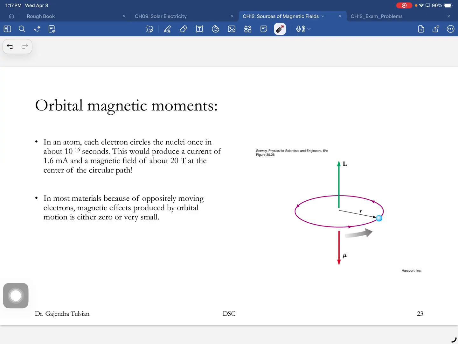Half the atoms have an odd number of electrons. So the last odd electron is in an s orbital, so it has no orbital angular momentum. So the orbital angular momentum essentially gives you zero field. In most materials, because of oppositely moving electrons, magnetic effects are either zero or very small.